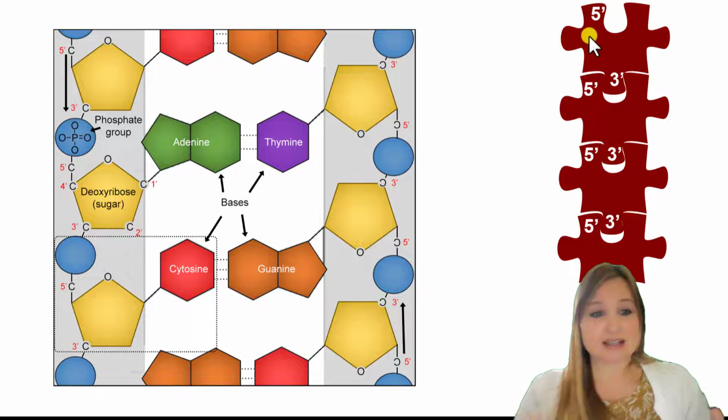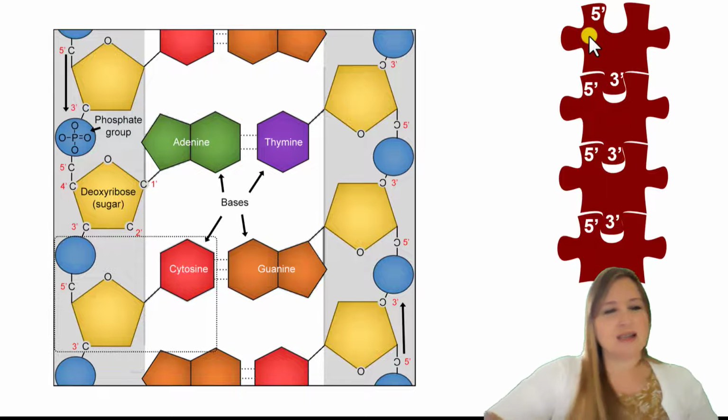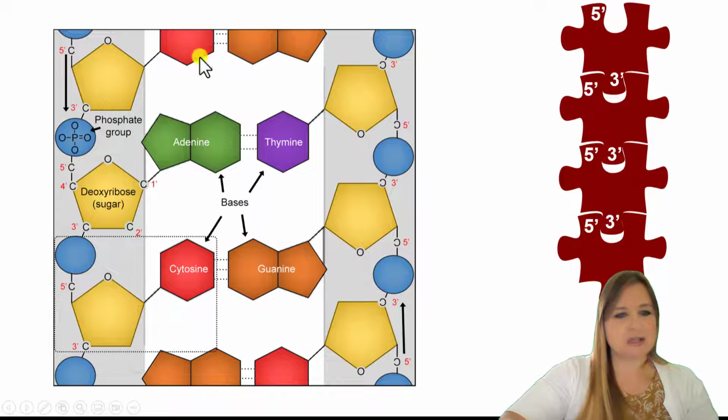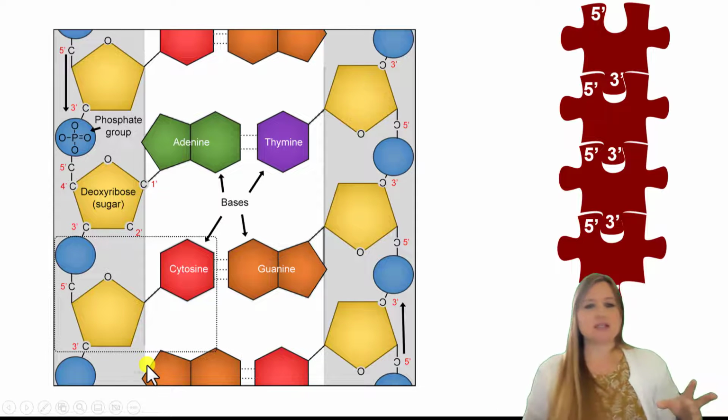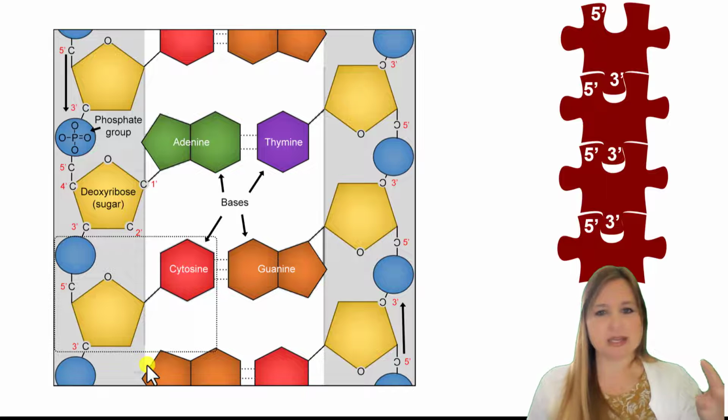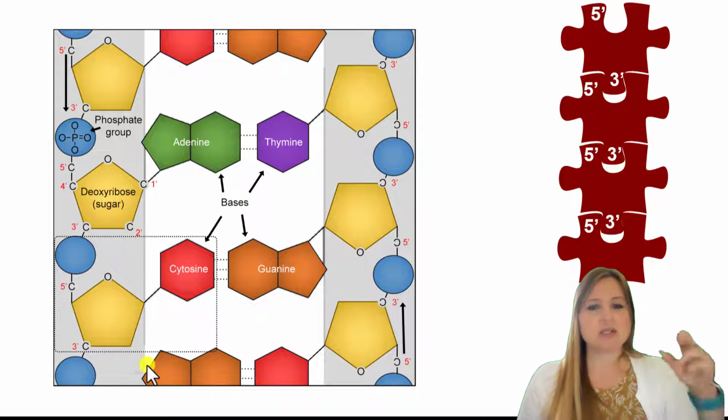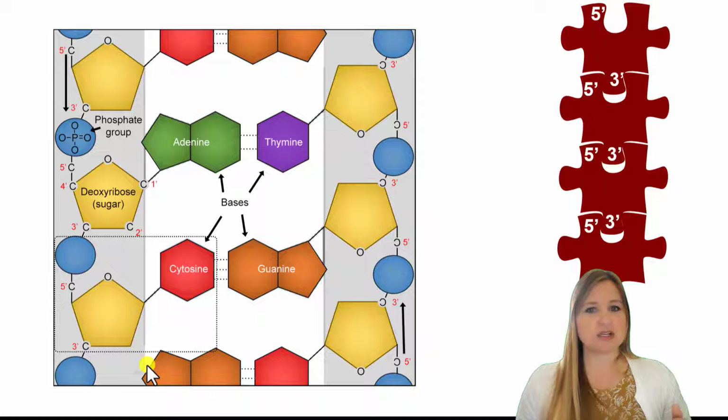So if we look back at this graphic and we see, okay, here's one nucleotide, here's the next nucleotide, here's the third nucleotide, and so forth, I want you to take a look at this. Which is the 5' end of that strand, and which is the 3' end of that strand?